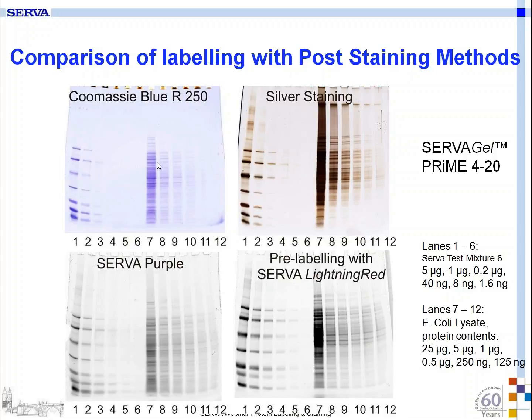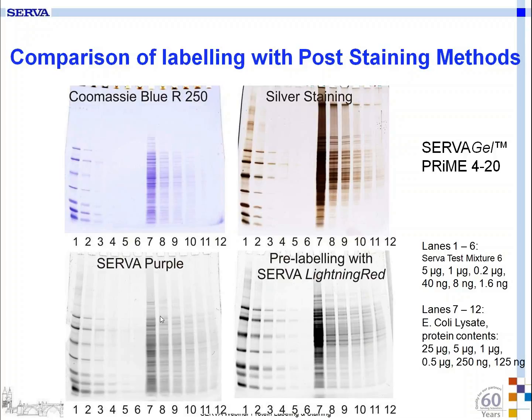While Coomassie Blue is quantifiable, as I told you, the sensitivity is, let's say, here the second dilution series, and here the third one with silver staining. This is a factor more, but not quantifiable.